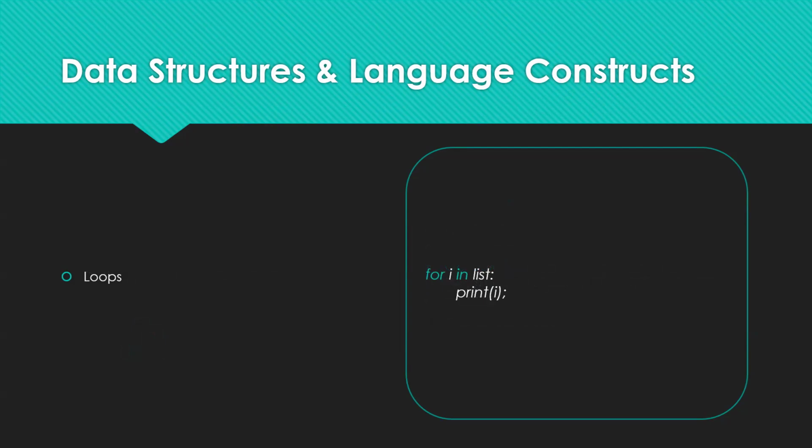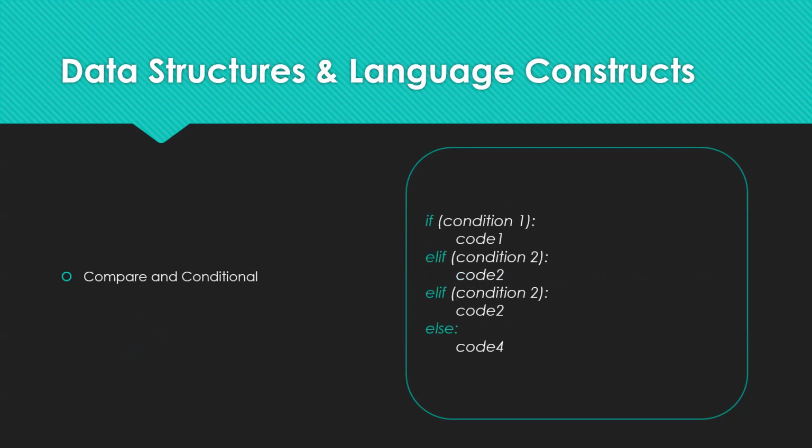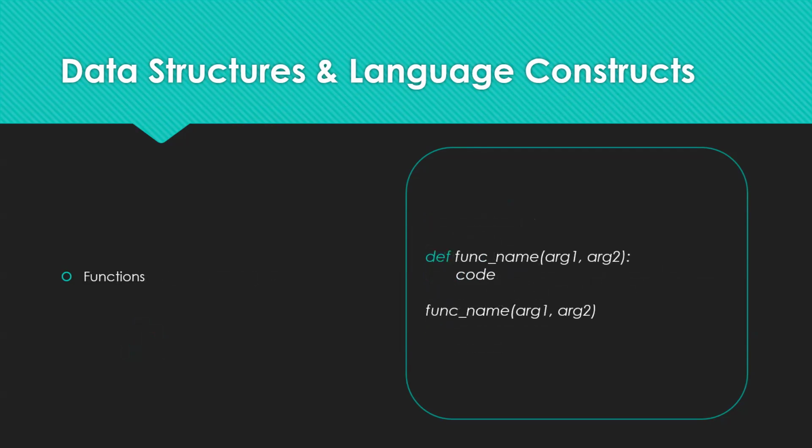Then how we make use of loops, how we can compare and put conditional statements, how we can create functions, and how we can create some classes. So all those things we will see today.